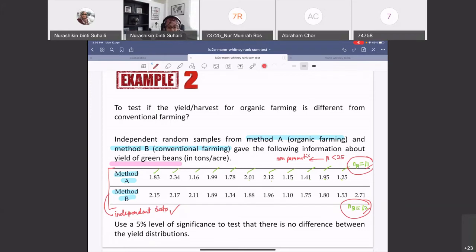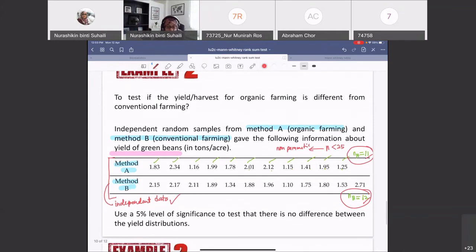So back to here. How do we want to analyze? Just apply all the steps that we discussed just now, from developing the hypothesis until making conclusions. But you have to take note of the Mann Whitney test.